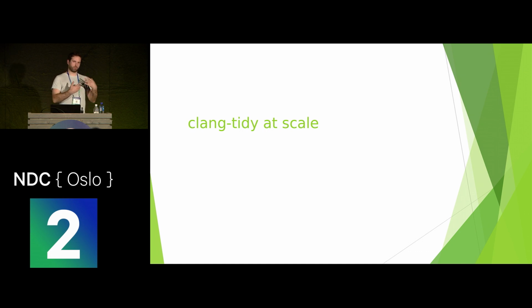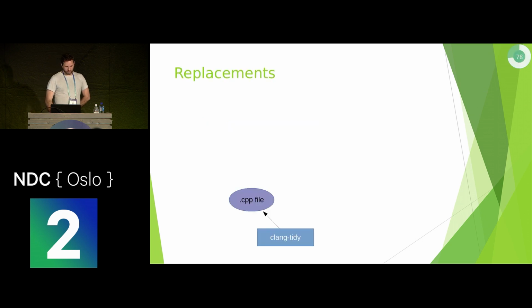But you can do that for one file or maybe for one piece of your code, and then you'll want to expand it out to your entire code base. And so then if you want to do that, you need to understand a little bit about what clang-tidy is doing. So if you just run clang-tidy yourself on a C++ file, it will process your header files and it'll change those as well.